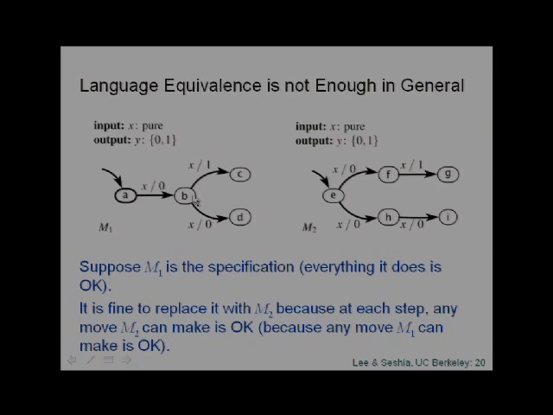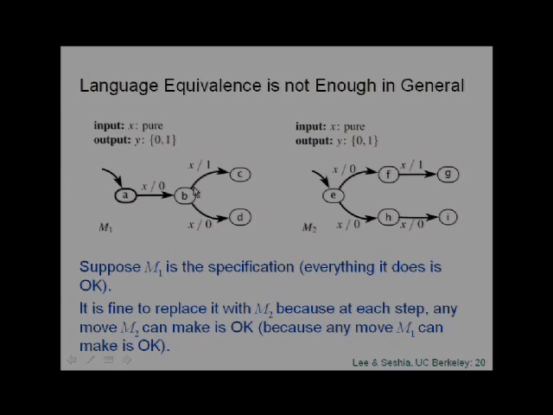Let me say that once more. You can substitute M2 for M1 because M1 exhibits more behaviors than M2. If you've used M1 in a system and that system is correct, then it's okay to take out M1 and put M2 instead, because whatever M2 does is a subset of what M1 did, and so M2 cannot add any bad behaviors to the system. The system is going to be correct.